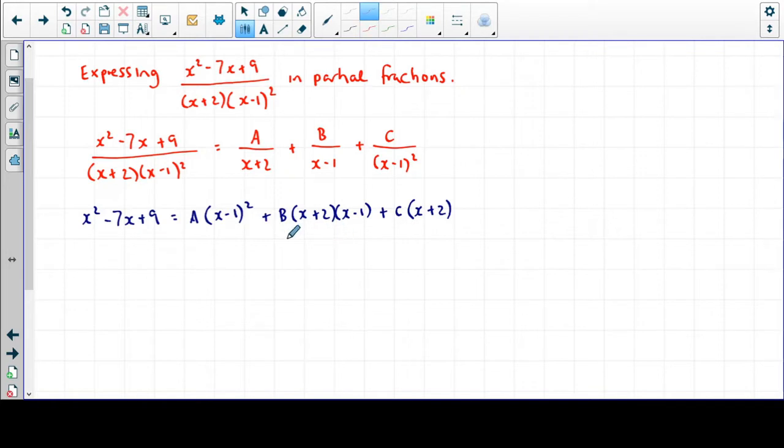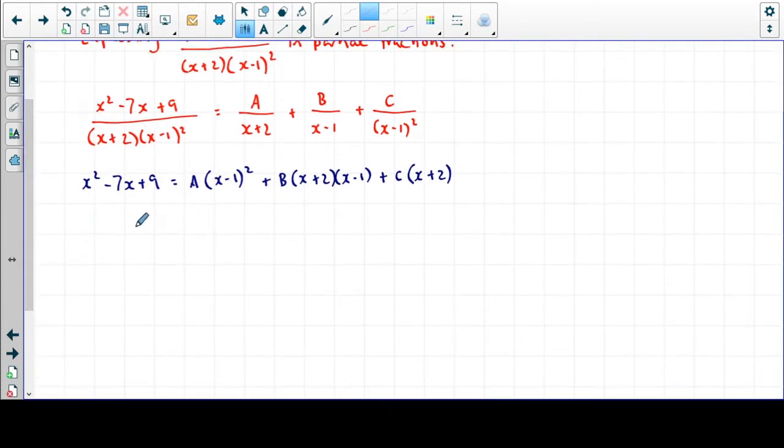Okay, so once we've done that, we can now do the same procedure that we would normally do. I need to pick three values for x, one to find A, one to find B and one to find C. So to find A, I'm going to let x be equal to −2. Because if x is equal to −2, this will disappear, and so will this.